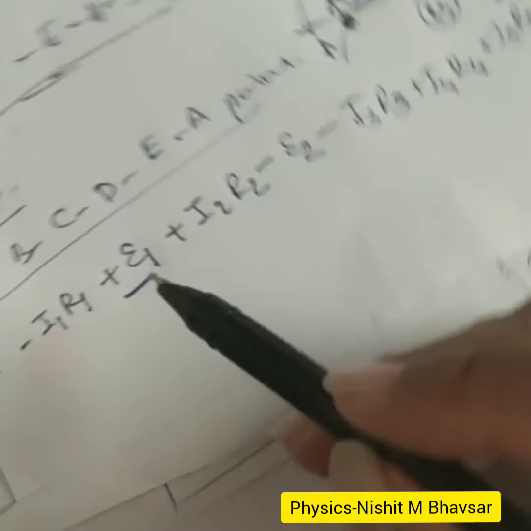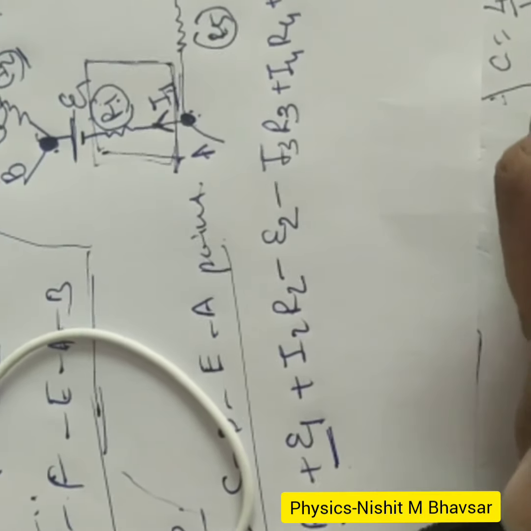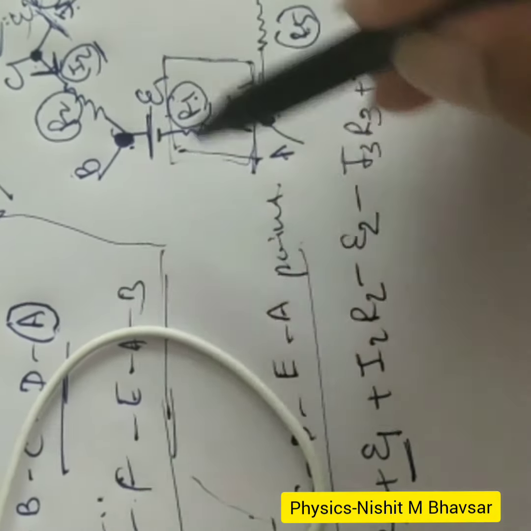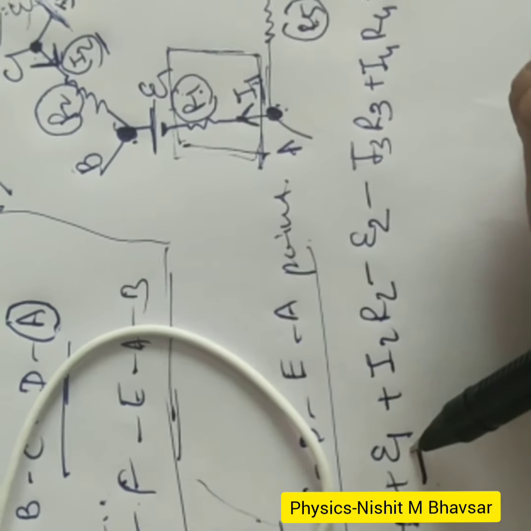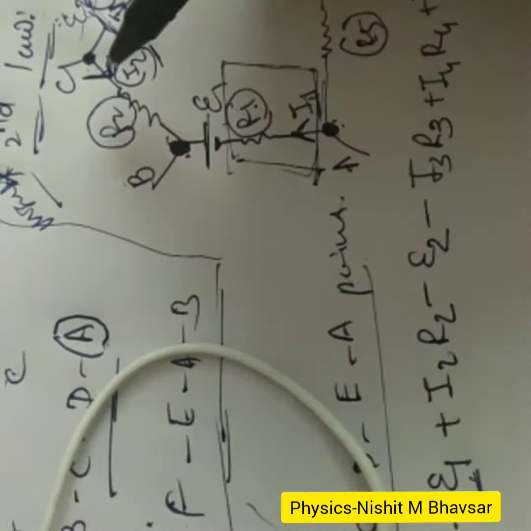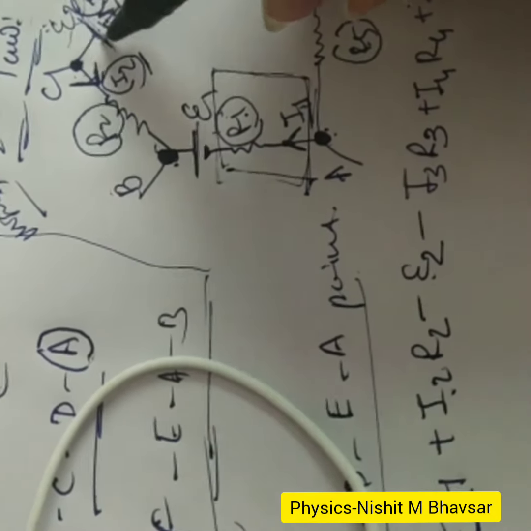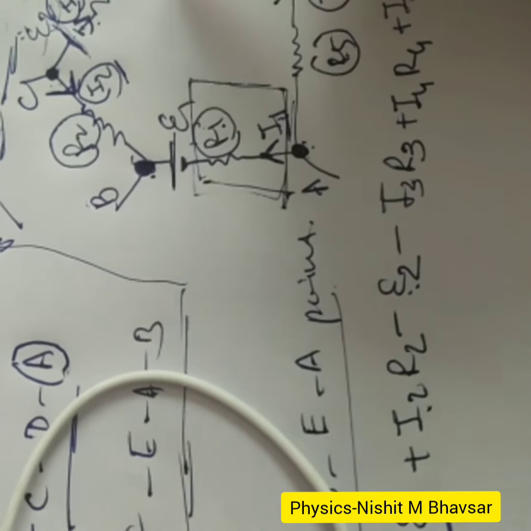So now we have one loop equation. I1 R1 becomes negative in the same direction. First battery negative, so EMF becomes positive. In the opposite direction I2 R2 is positive. First battery positive, so E2 is minus. In the same direction I3 R3 is negative.